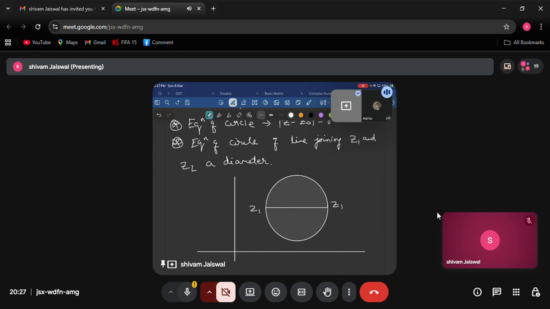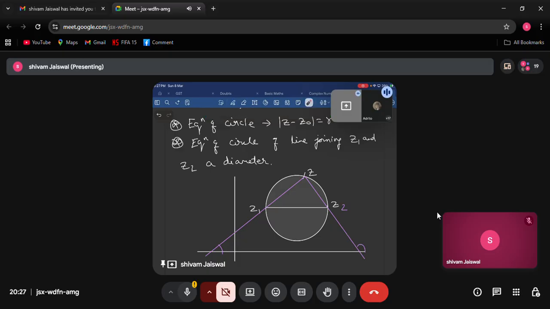Okay, z1, z2 is that. So I'm going to take a variable point. This is the variable point, everyone. Okay, I'm going to join z, z1, and I'm going to join z2. Sorry, I have marked both z1, z and z2. So everyone, this is the argument of z minus z2, right? And this is the argument of z minus z1.